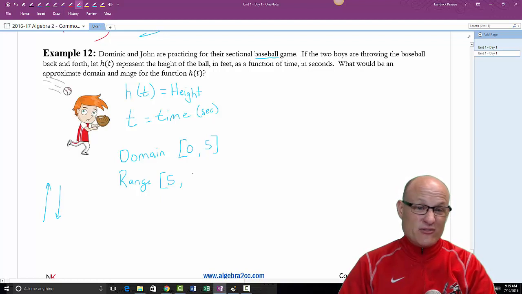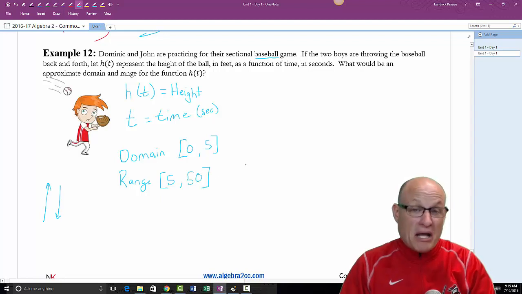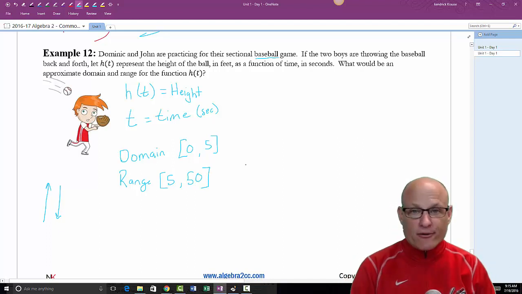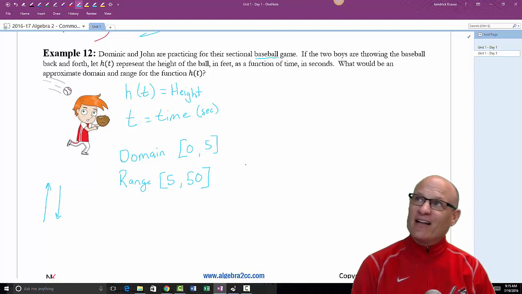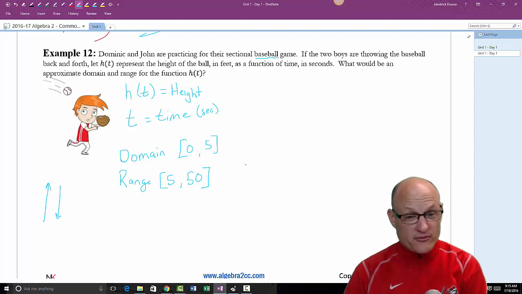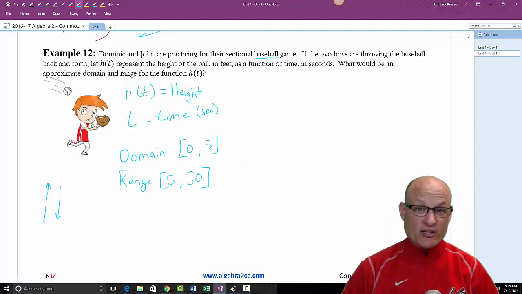Maybe 50 or 60 feet? To be safe, maybe 50? Somewhere around there. Certainly wouldn't want to put 200 because that would be dumb. Nobody can throw a ball 200 feet in the air. You can launch a ball 200 feet in the air, but that would be with a machine or something, but not throw it.